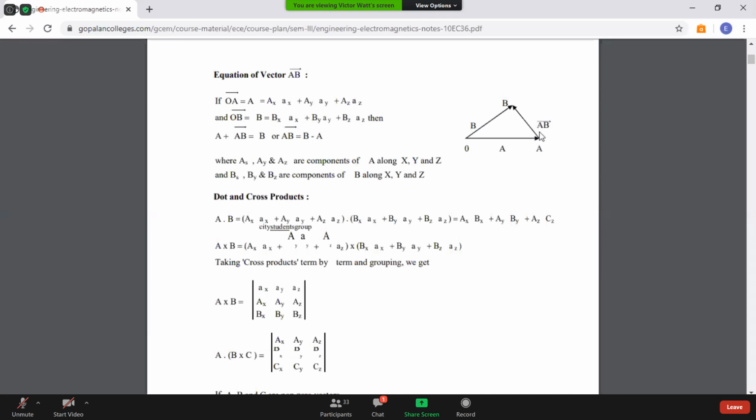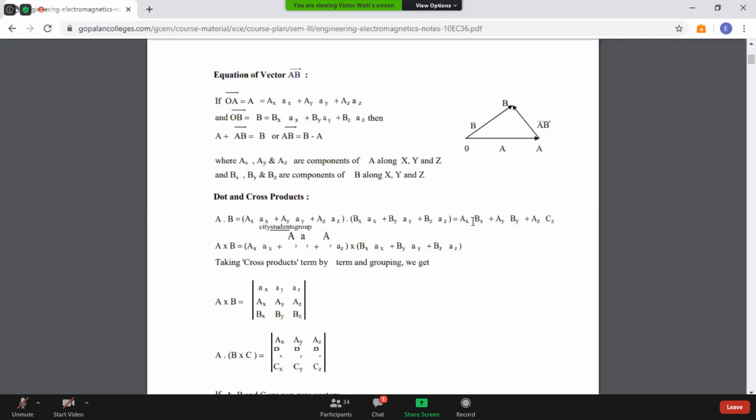You with me? Yes, sir. We're with you. Yeah, would form a parallelogram by doing this. So A cross B is the area of the parallelogram formed by A and B.